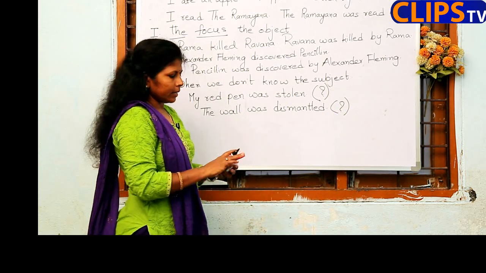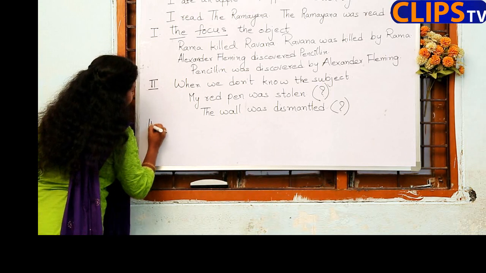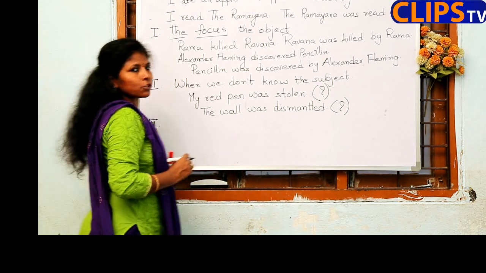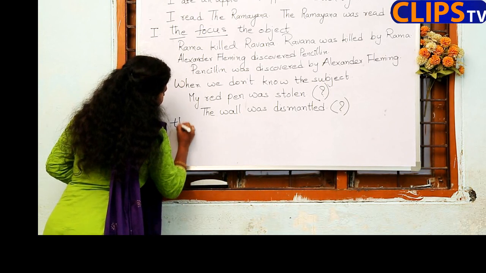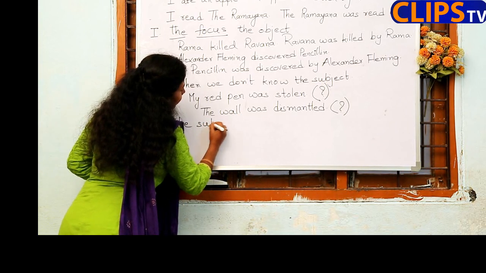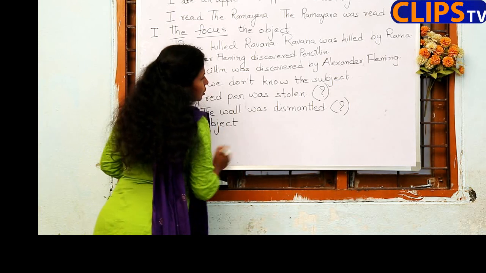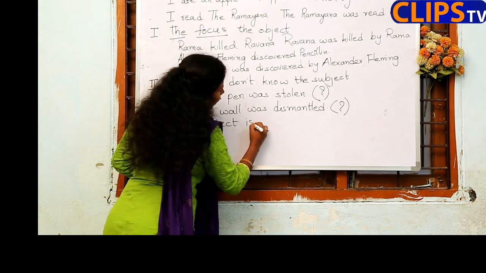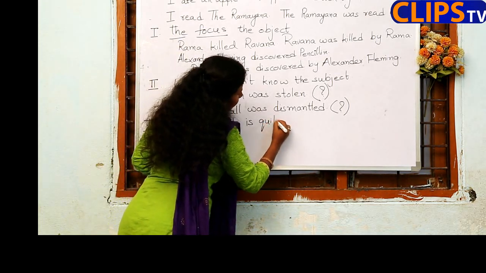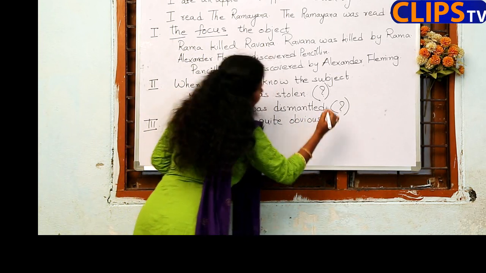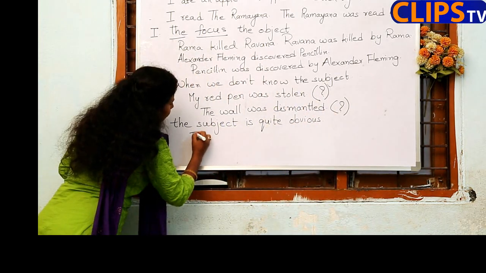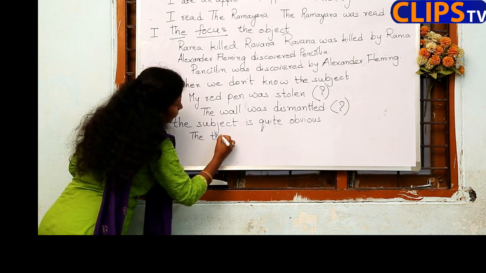In the third situation where we use passive voice, the subject is obvious. We don't need to mention the subject. For example, the thief was arrested.